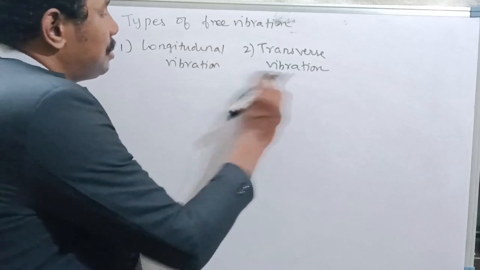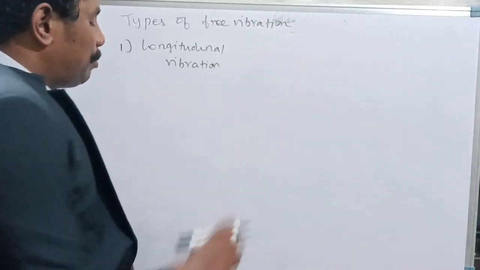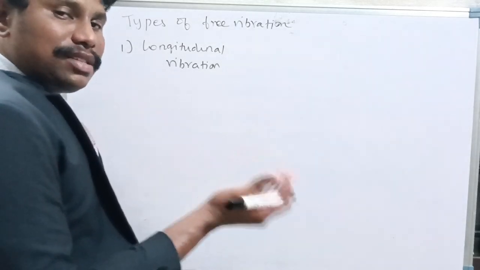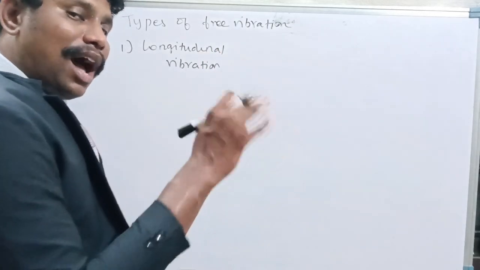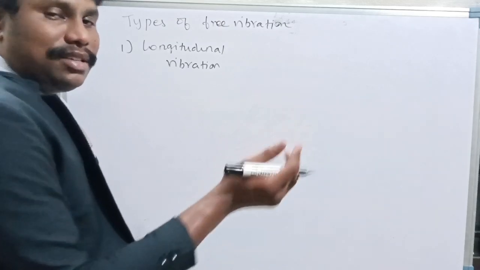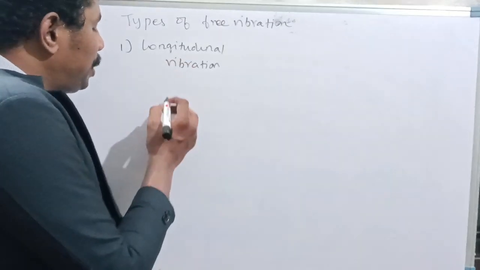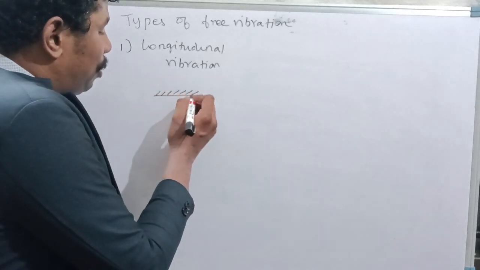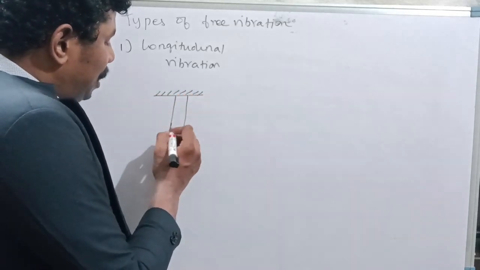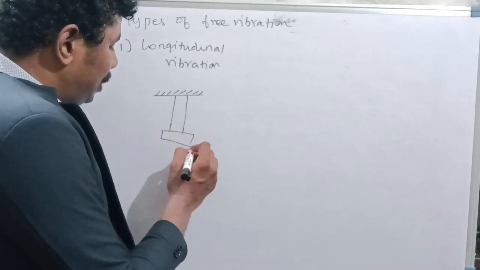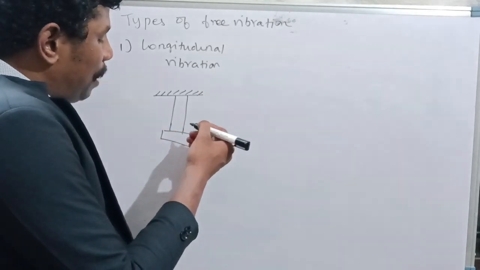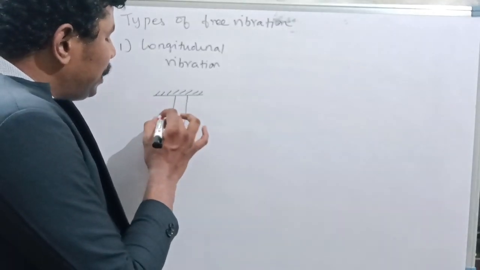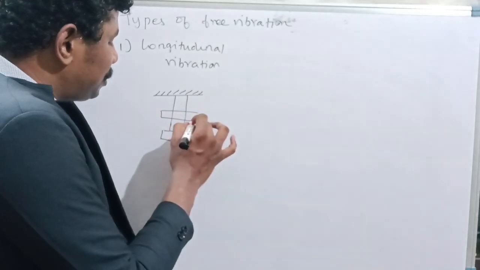First we are going to discuss longitudinal vibration. I'm going to consider a weightless constraint, either a shaft or a spring. The shaft is fixed at one end and it has a heavy load or disc at the other end. In this case, the particle on the shaft or spring will be moving along the axis of the shaft.